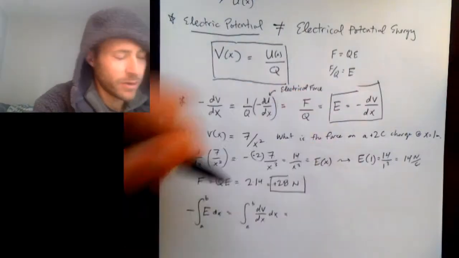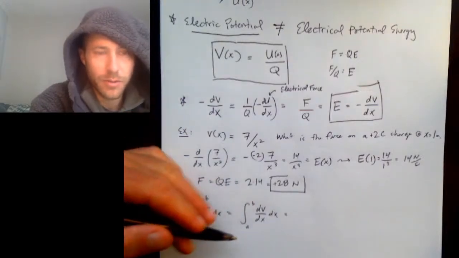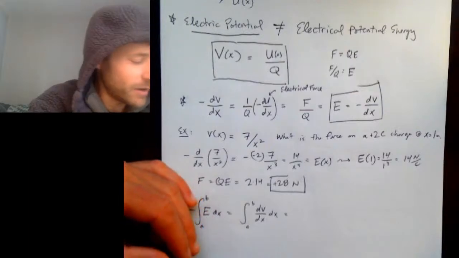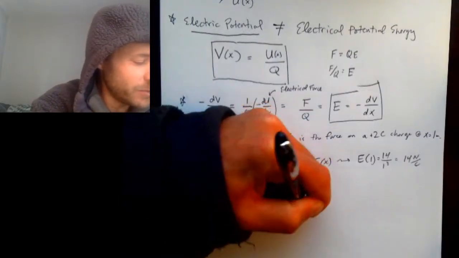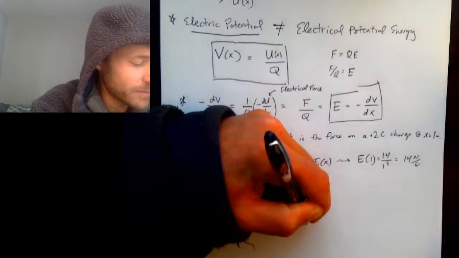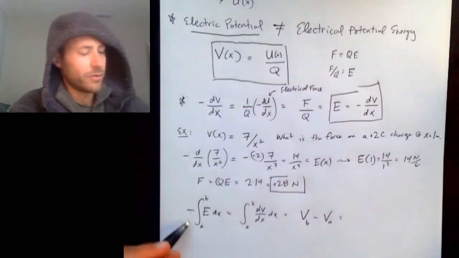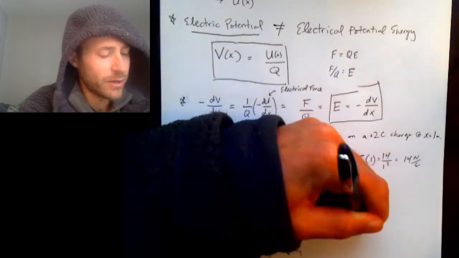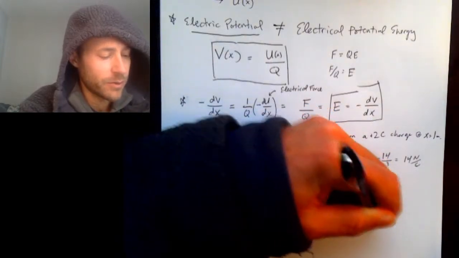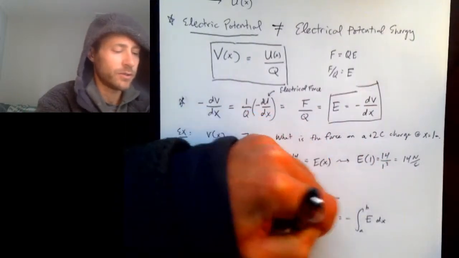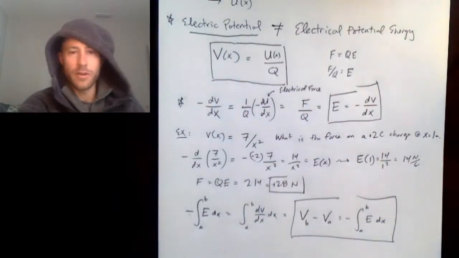And then from the, I don't know, first or second fundamental theorem of calculus, one of those fundamental theorems of calculus, this is equal to VB minus VA. So the potential difference is related to the integral of the electric field. So this is our third important equation.